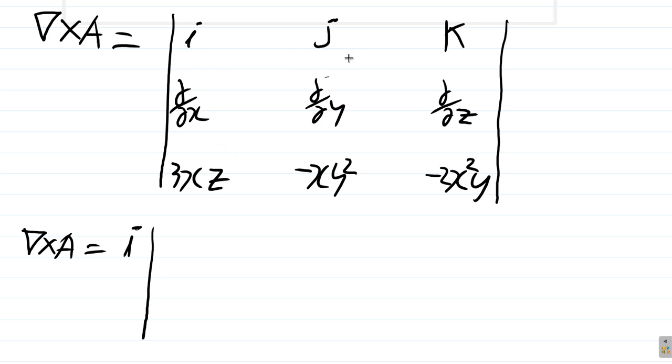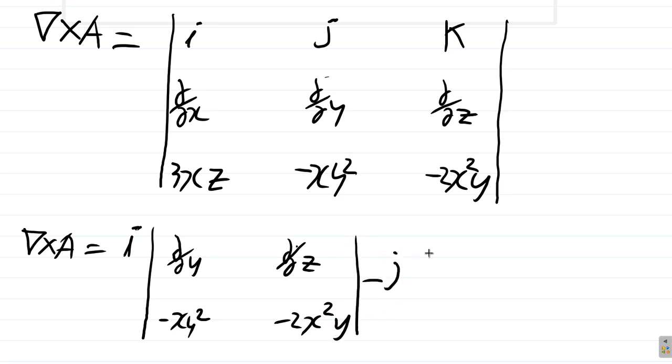So you cover the row and column with i, and what you see left are partial by partial y, partial by partial z, negative xy squared, negative 2x squared y.